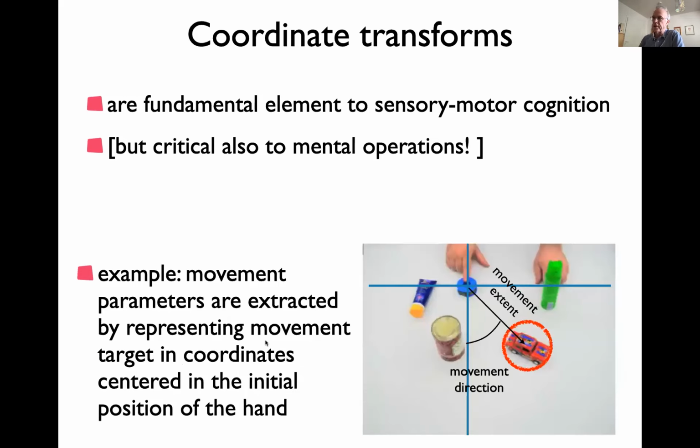Here is another example of that. When you have a scene representation where you know where different objects are in the world, let's say, in a body frame, to compute movement parameters, you have to do a coordinate transform, because movement parameters are relative to your initial position of the hand. So for instance, movement direction and movement extent refer to your initial position of the hand.